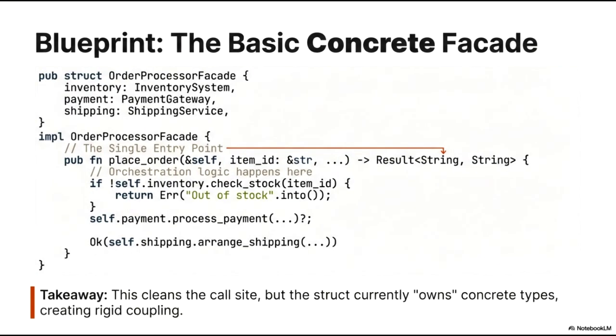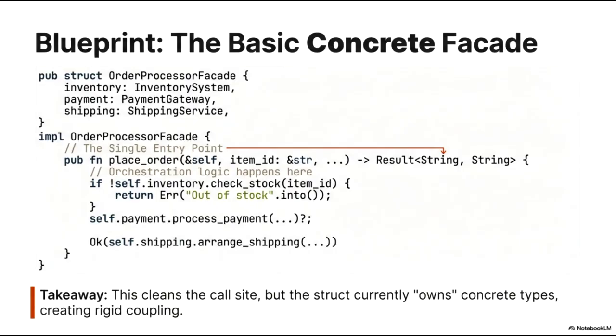This basic blueprint illustrates a concrete facade pattern using an order processor facade struct. This struct aggregates several subsystems: an inventory system, a payment gateway, and a shipping service. The primary advantage of this implementation is seen in the place order method, which serves as the single entry point for client interactions.